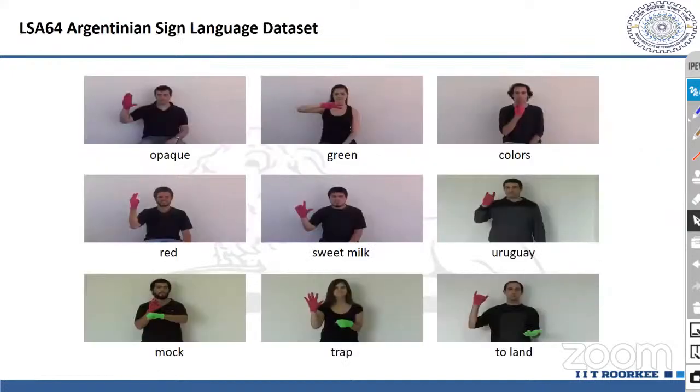Again, you ask the question: can we use deep learning algorithms? Yes. For example, with Argentinian sign language, you have a video or image, and the persons are wearing gloves, a wearable device, which also generates a signal.